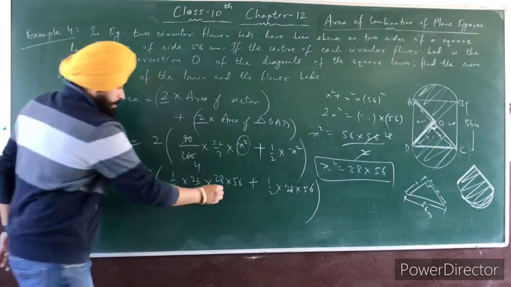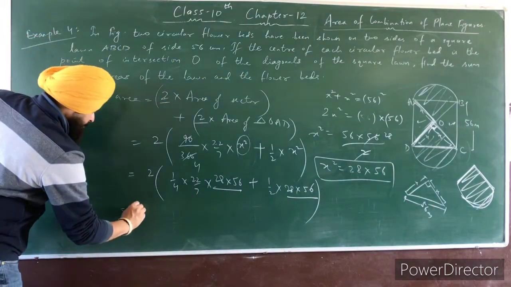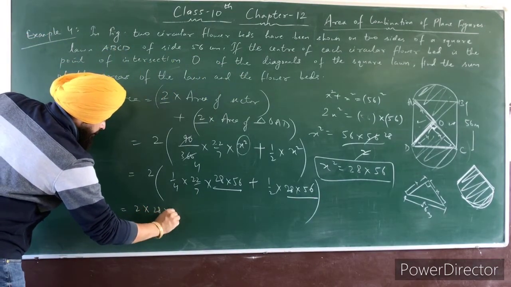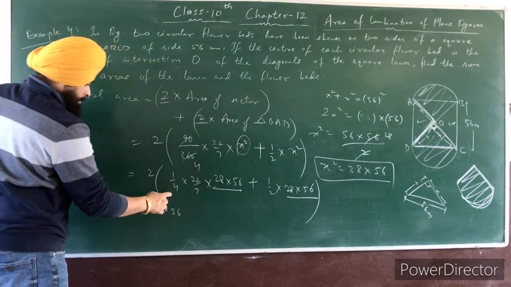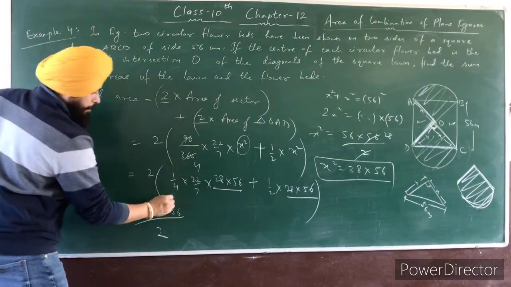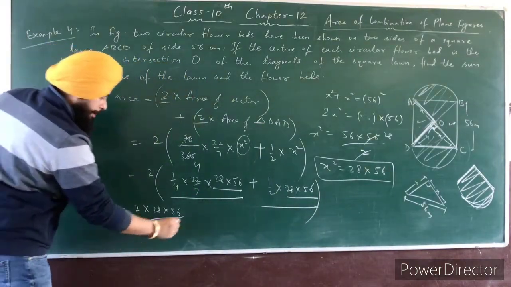Now you can take common again 28 into 56, and also take 2 common from the denominator on both sides. This 2 is common from the denominator.